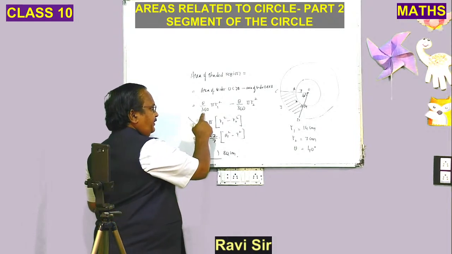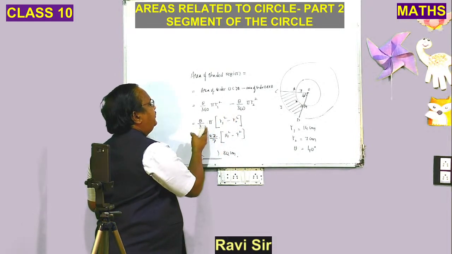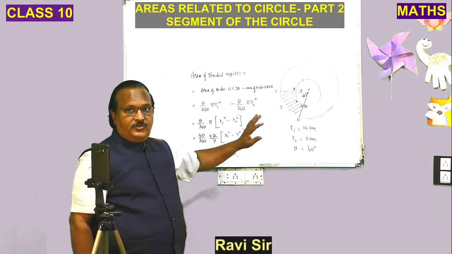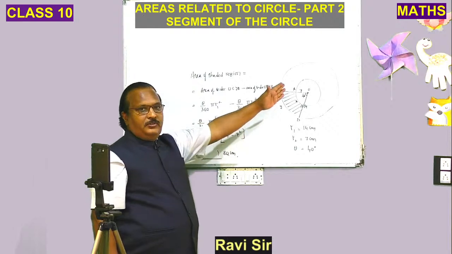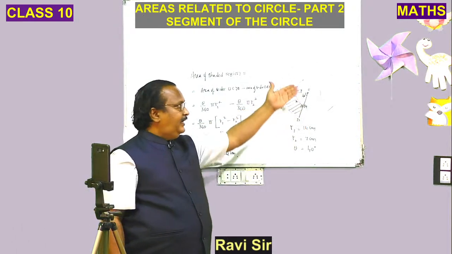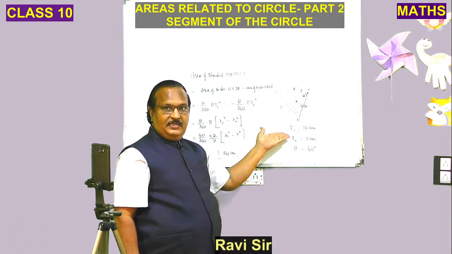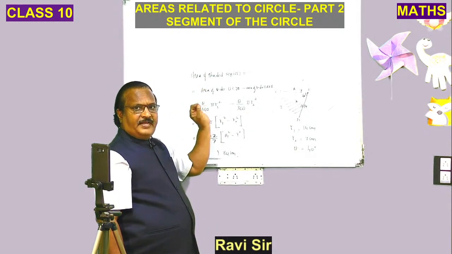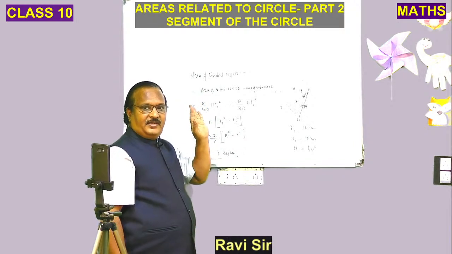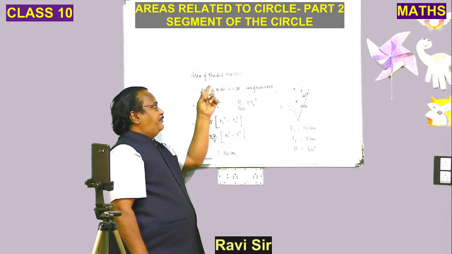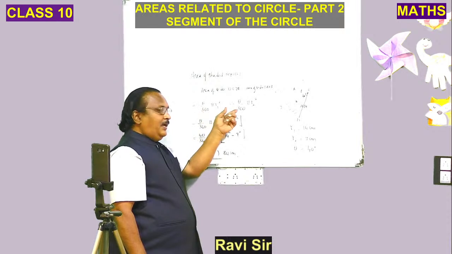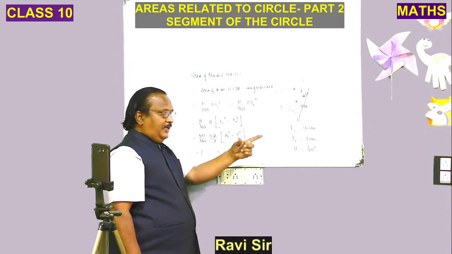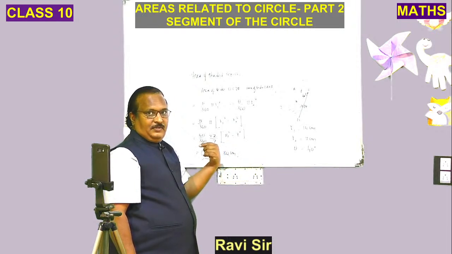See, theta by 360, you need not do 2 times, you can take common and you can do this, right? So every question you should be able to analyze it and write the data what is given and write clear steps. Don't start directly with the answer, write a proper step formula, right? And then execution of the values in the formula.